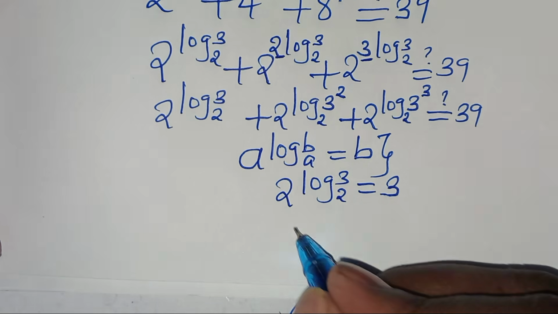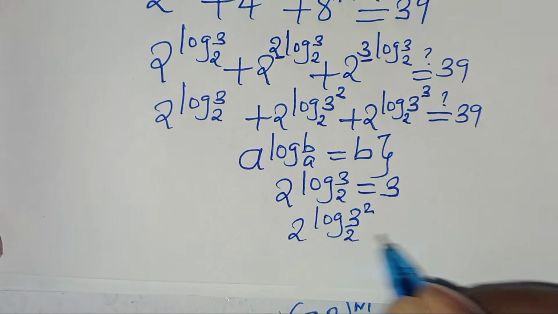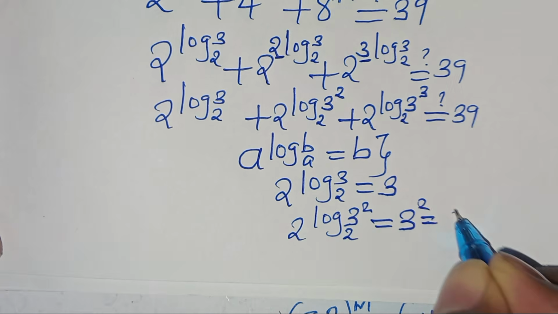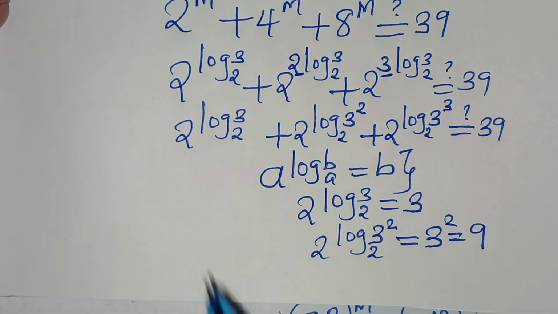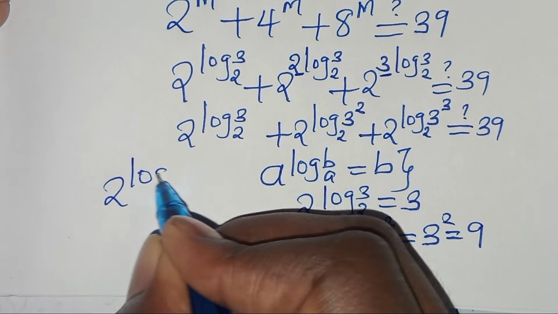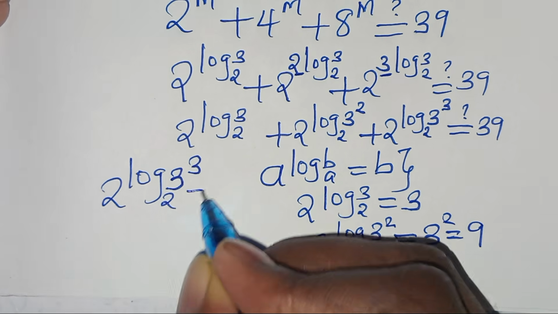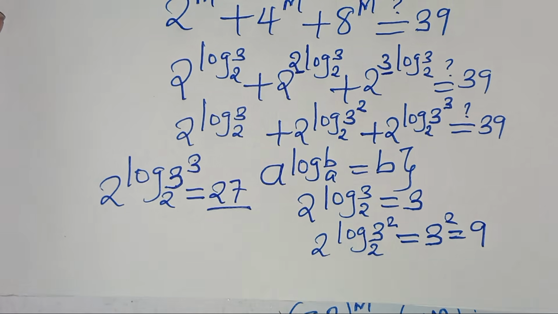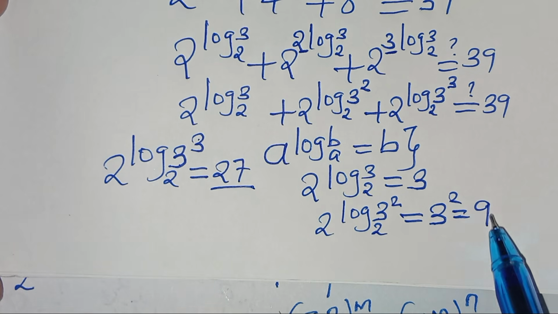And we have 2 raised to the power of log 3 squared to base 2. This is equal to 3 squared, which is equal to 9. Then here we have 2 to the power of log 3 to the power of 3 to base 2. This is equal to 3 to the power of 3, which is 27. So we have 27, we have 3, and we have 9.